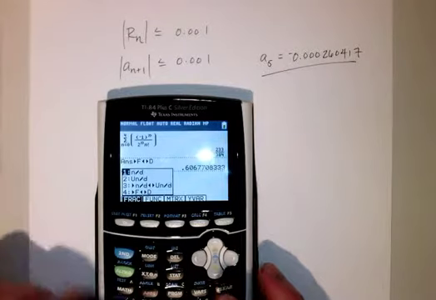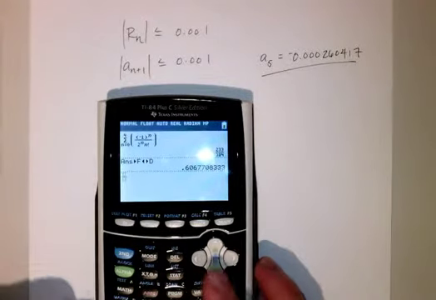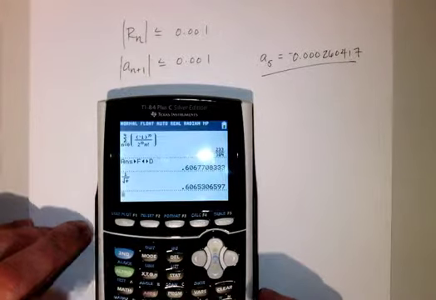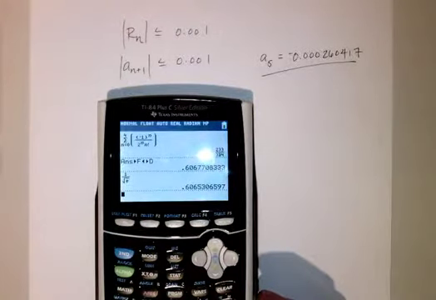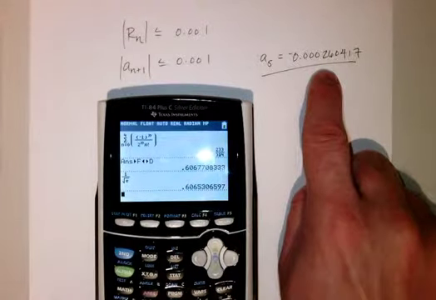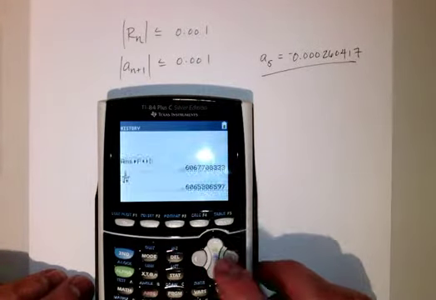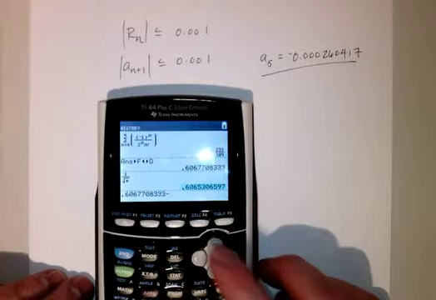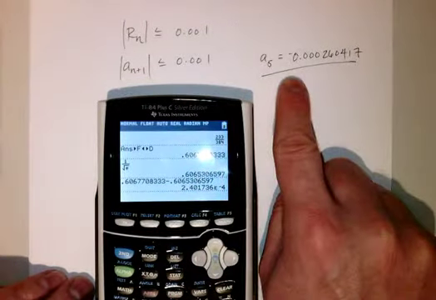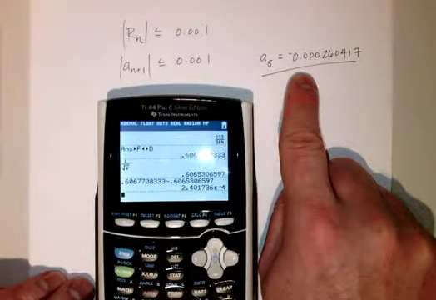Let's see how that compares to 1 over root e. And that is awfully, awfully close. It actually is that distance away. Watch this. If I take the difference between these, it should be that. That's awfully close.